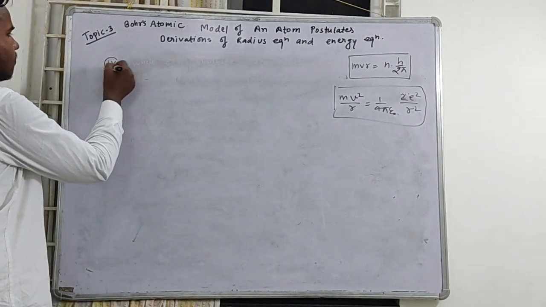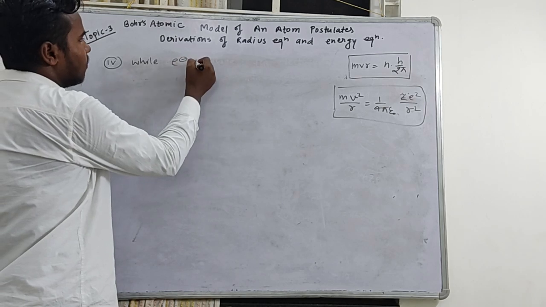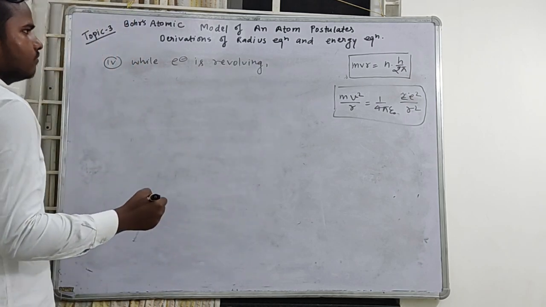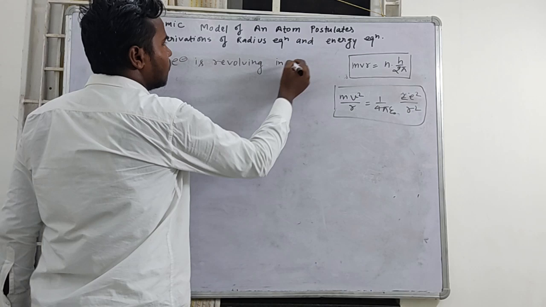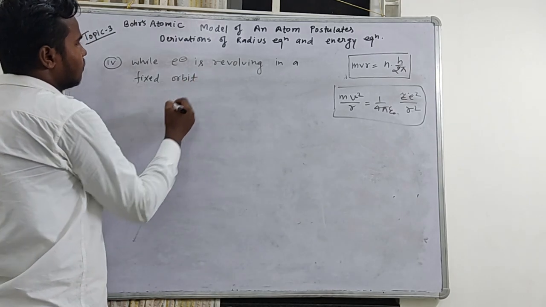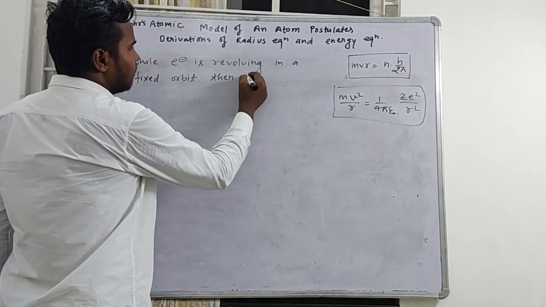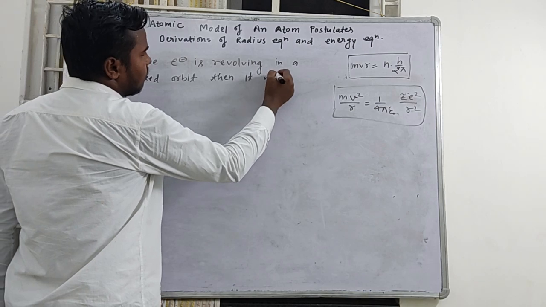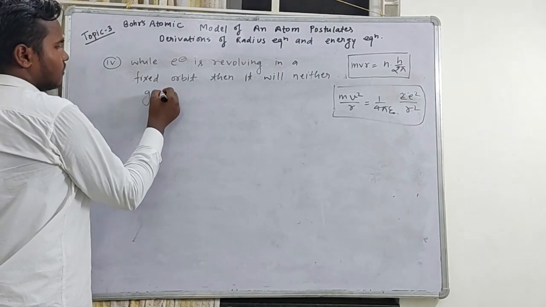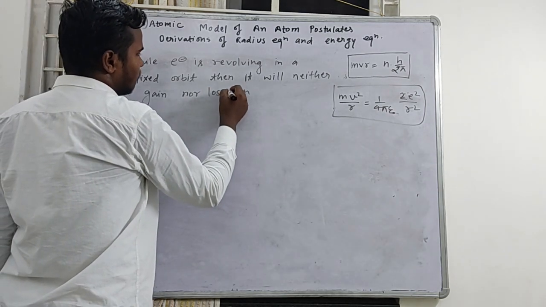The fourth postulate of Bohr's atomic model is: while the electron is revolving in a fixed orbit, it will neither gain nor lose energy.